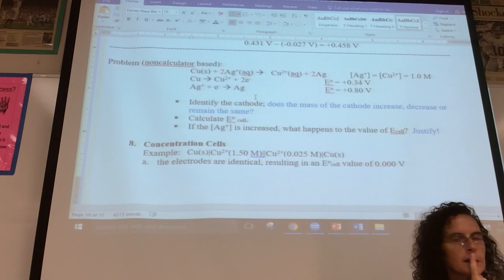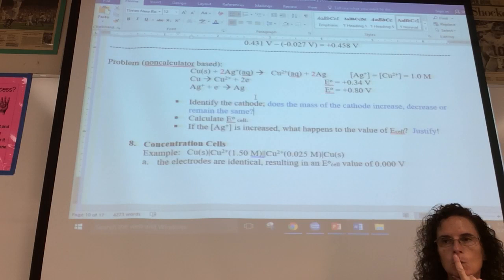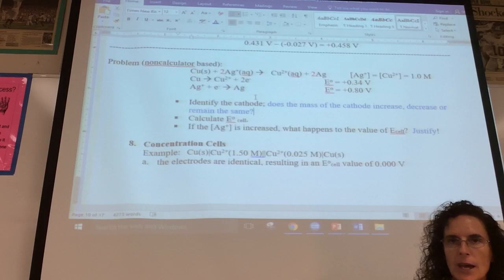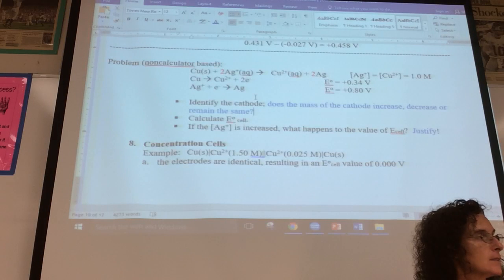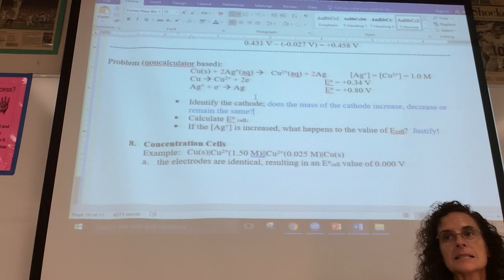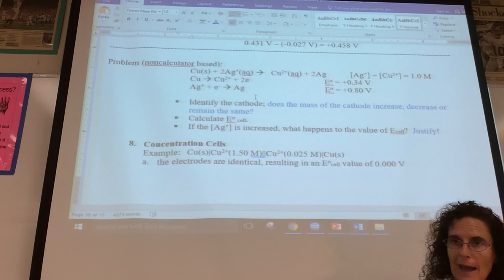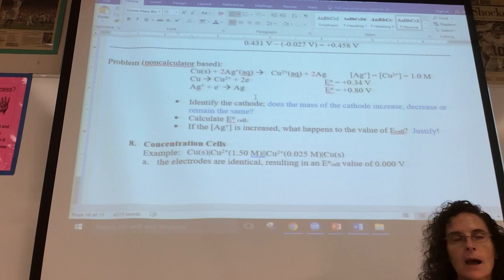It increases, because it's changing from aqueous solution back to solid. You're generating the solid. So the mass of the anode would decrease because it is being consumed. It is a reactant. And that came up on the 2014 exam. So those are the types of questions.